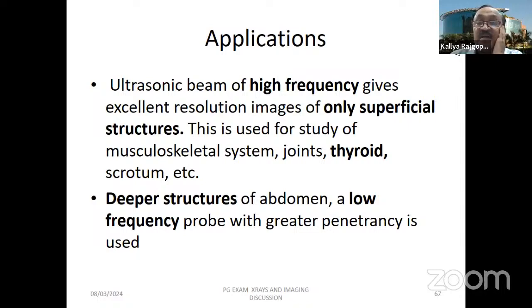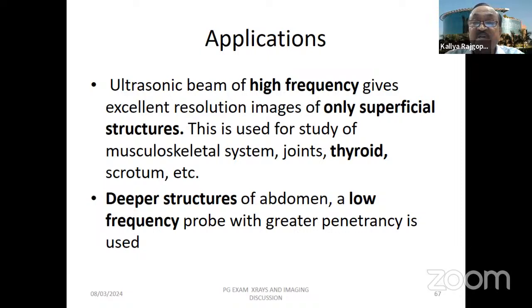As you know, high frequency gives excellent resolution images, only of superficial structures. Classical examples of high frequency are joints, thyroid, scrotum, musculoskeletal system. But if you go deep into the abdomen, it's basically a low frequency probe. But remember, low frequency has greater penetrance.